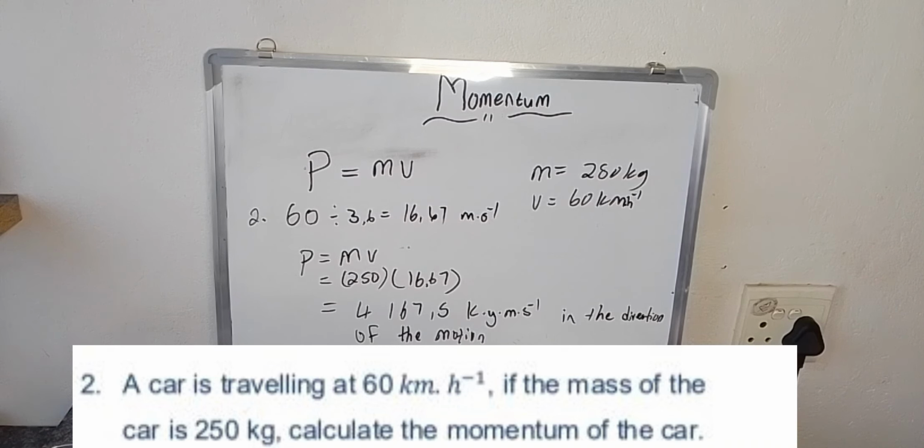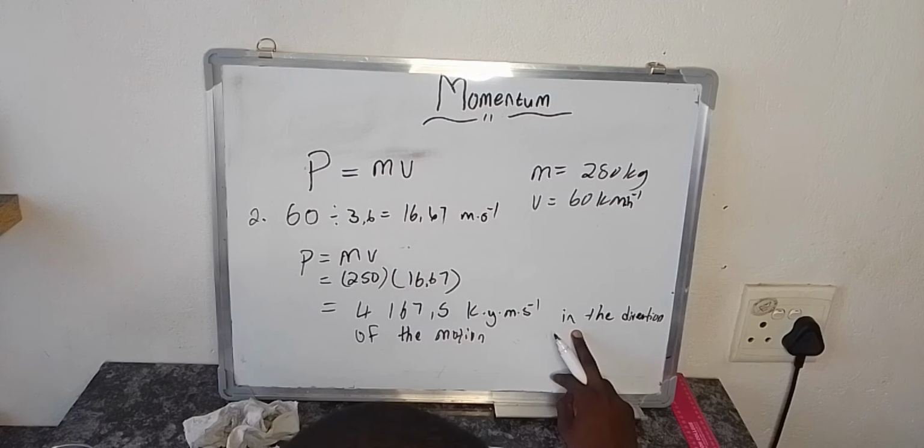Our question says a car is traveling at 60 km per hour, so if the answer is positive, it is in the direction of the motion. If it were negative, it would be another story: in the opposite direction of the motion. But now the answer is positive, so it is in the direction of the motion.